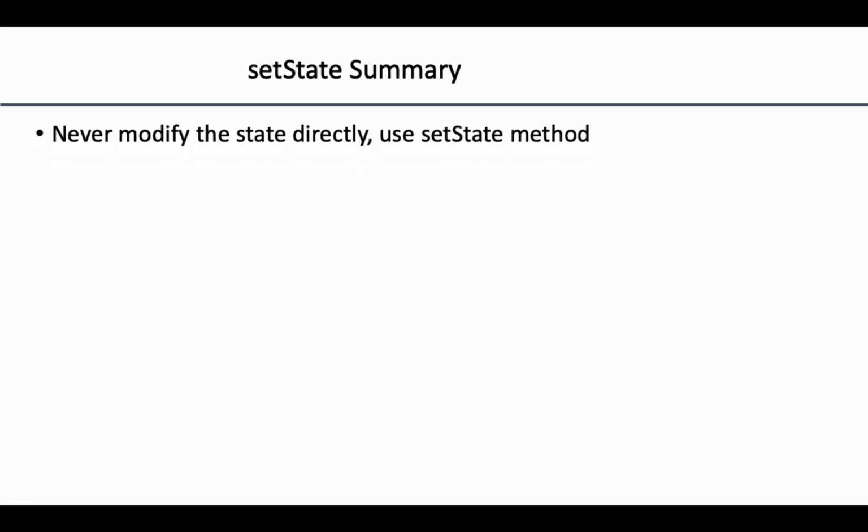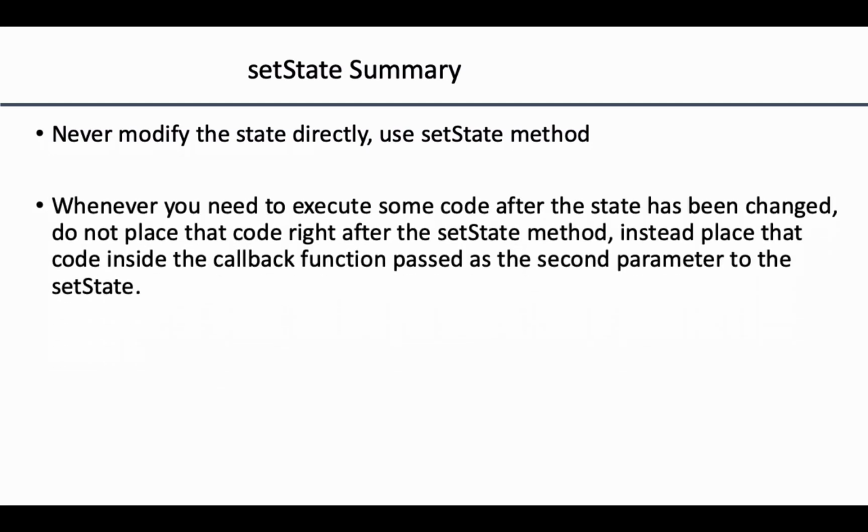Instead, place that code inside the callback function passed as a second parameter to the setState method. When you have to update the state based on the previous state, make sure to pass a function as an argument instead of a regular object.